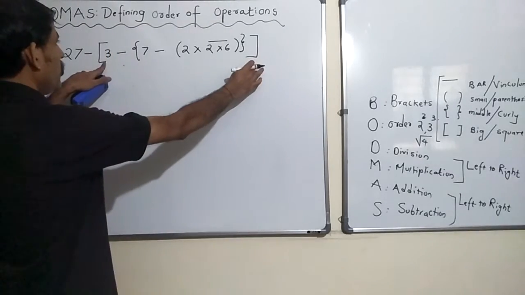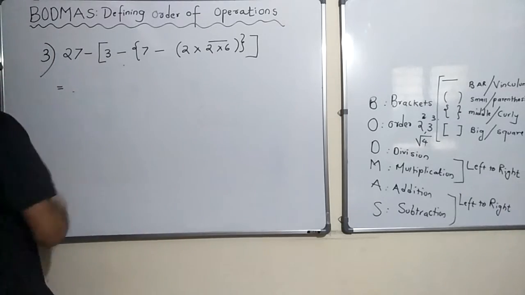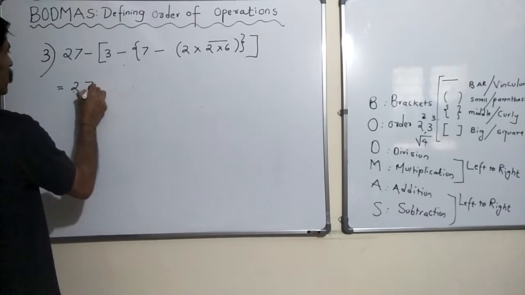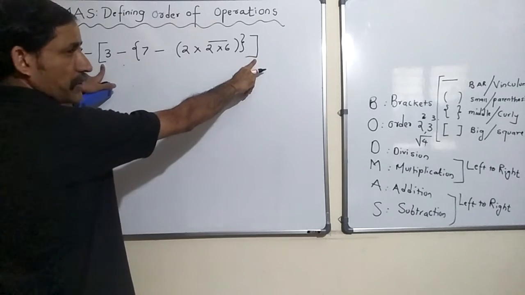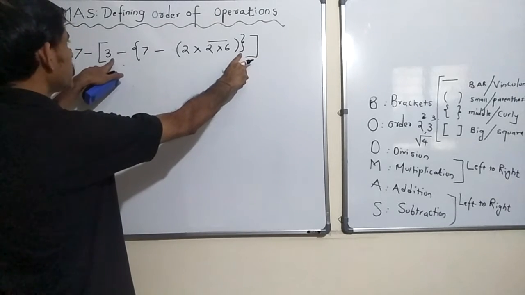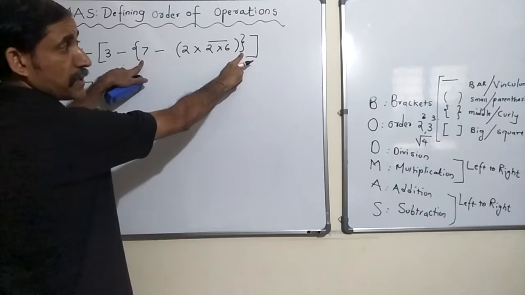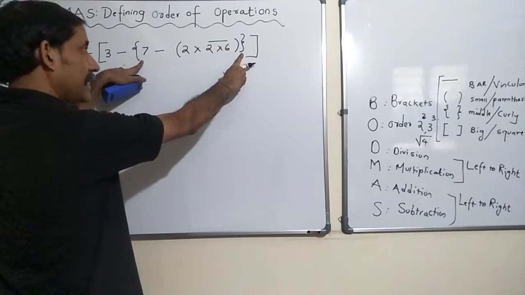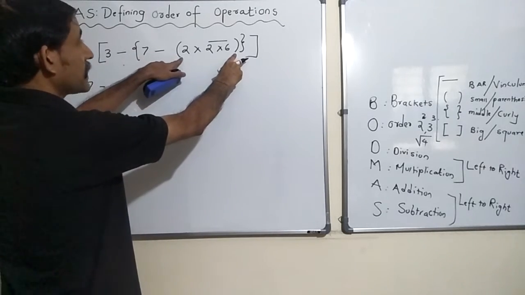Now in this, see, once you identify a bracket, we have to go inside that. So this is the bracket that I am going to solve. But inside that there is another bracket. Again apply BODMAS. Bracket first. So I have to solve this bracket. Inside this again I apply BODMAS. 7 is there, minus another bracket is there, correct?